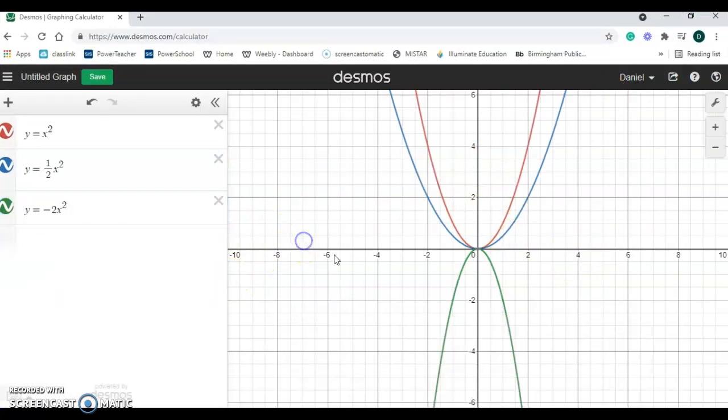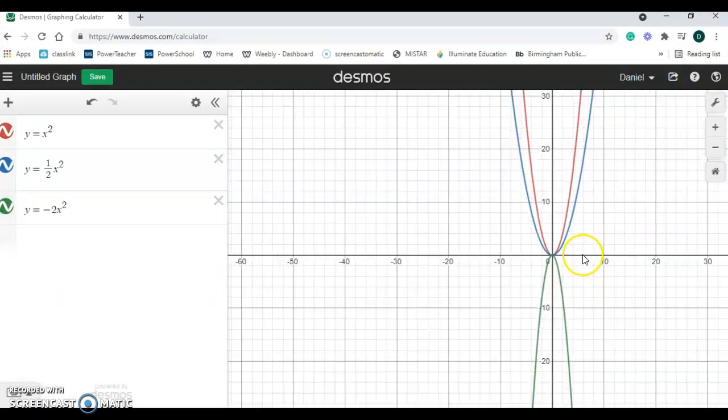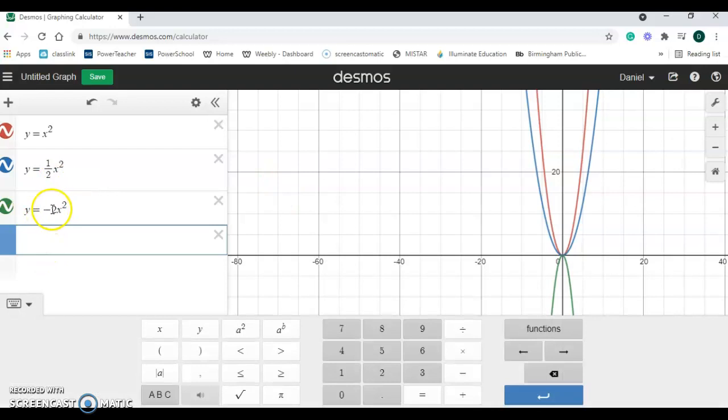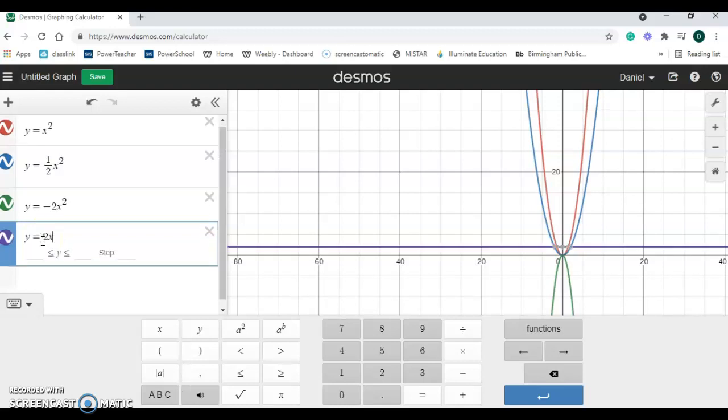So if I go back to this Desmos calculator, you can kind of see this here. If I scroll out, it's kind of hard to see between the red and the green, but this is a little bit narrower. One way we could tell, because the width is going to be the same whether it's negative or positive, is if we said y equals 2x squared.